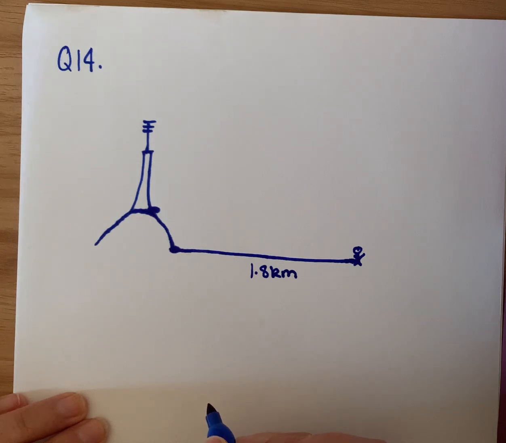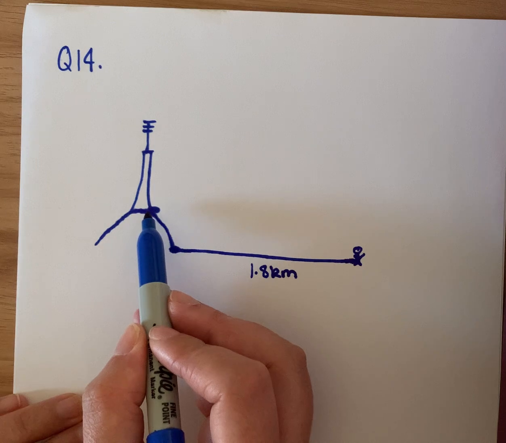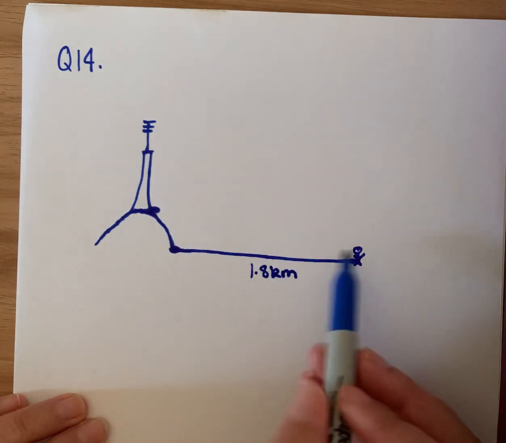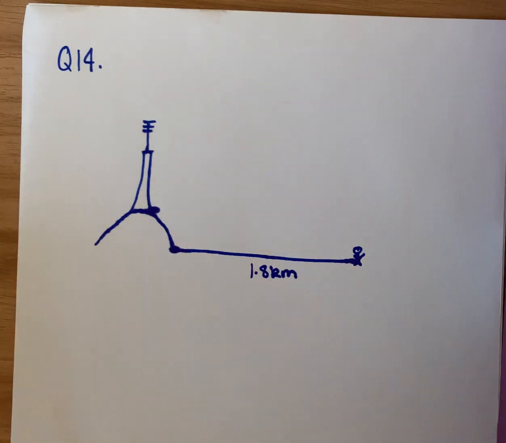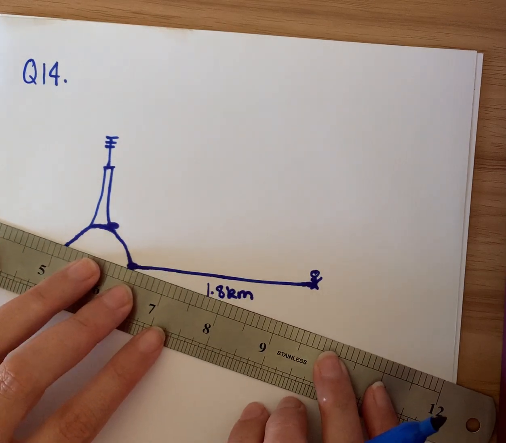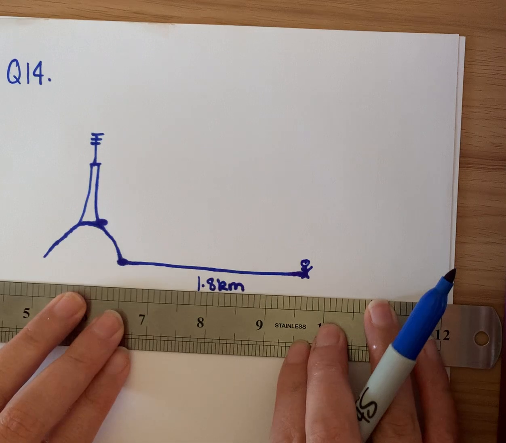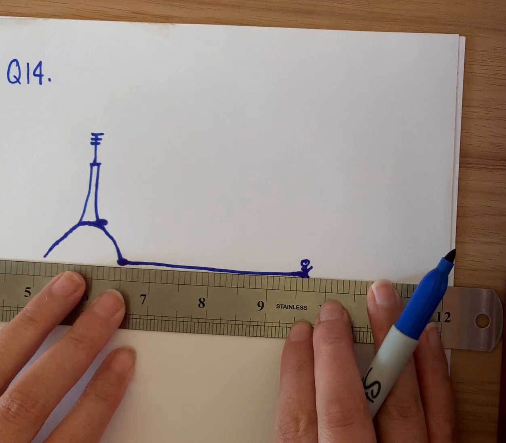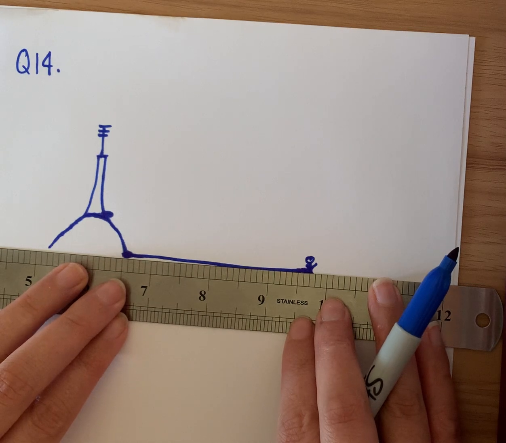And now it says the angle of elevation to the bottom of the transmission tower from the observer is 5 degrees. Okay, so that makes more sense. We broke the question down, we drew all the different parts, and now we can look at the angle of elevation. So remember, an angle of elevation starts at the horizontal, and we've already got our horizontal line here. This is just a distance along the ground, so that has to be a horizontal line.